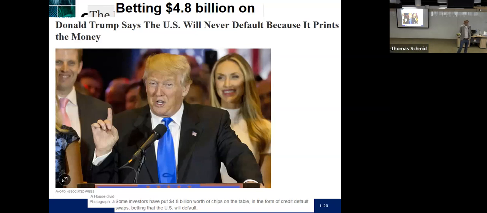Or what also happens often is that you have a new government that says, look, this old government, these were bad guys. They defaulted. Now we are running the country. You can trust us. Give us money again. And then the investors think, oh yeah, maybe we can do that.